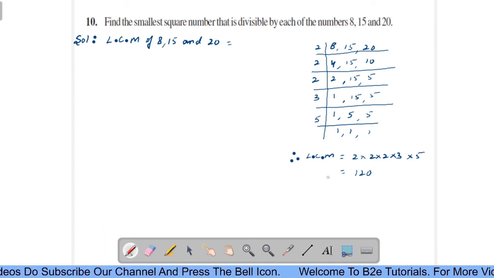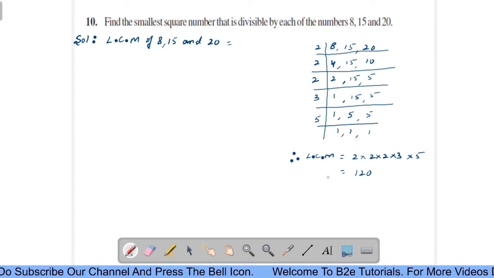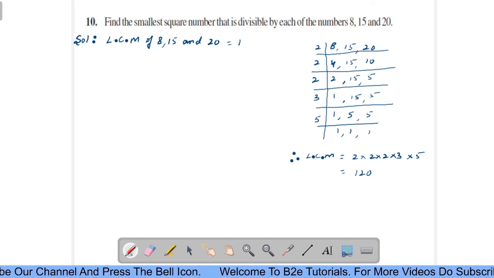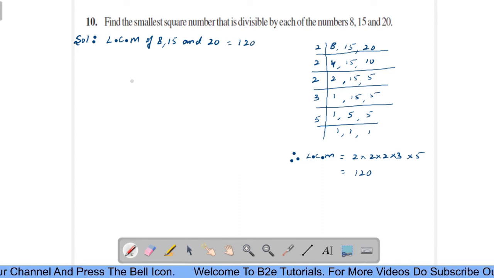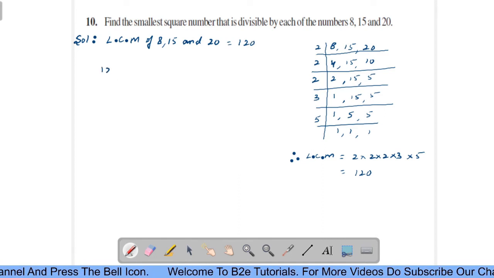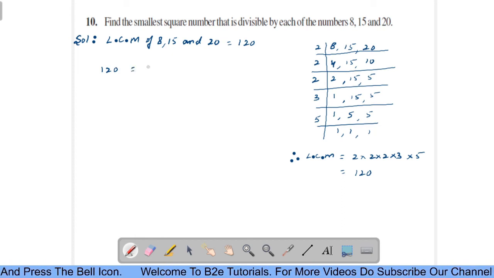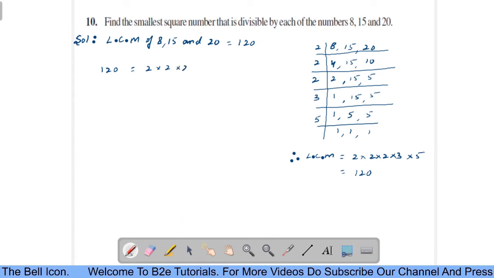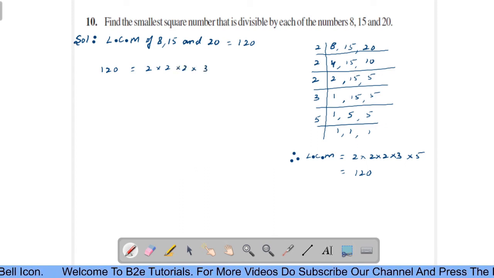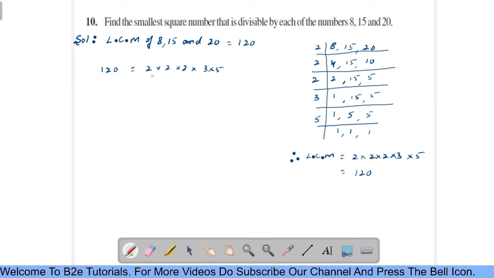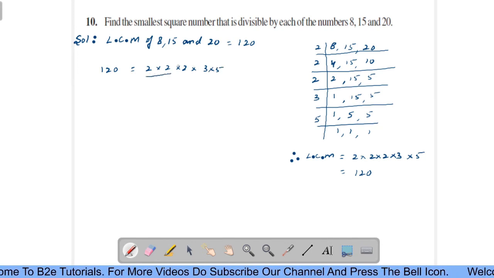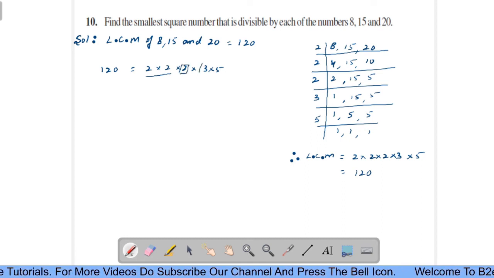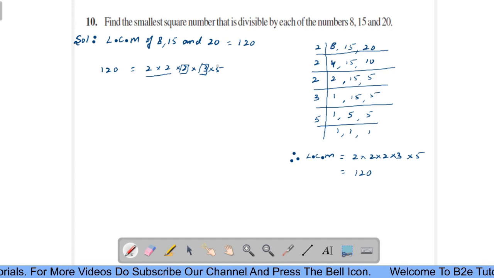Now let us check whether 120 is a perfect square or not. Here the LCM is 120. Now the prime factors of 120 are 2 into 2 into 2 into 3 into 5. Here make pairs. Here we are unable to make a pair of 2, 3 and 5.